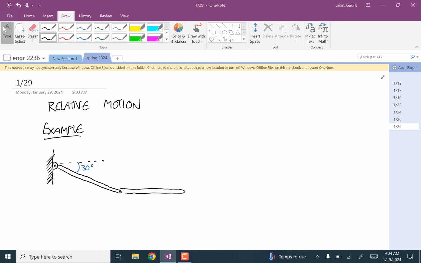The lengths of both of these are 1 meter. And we had an angular velocity of this body of 10 radians per second, and an angular acceleration in the same direction of 5 radians per second squared.